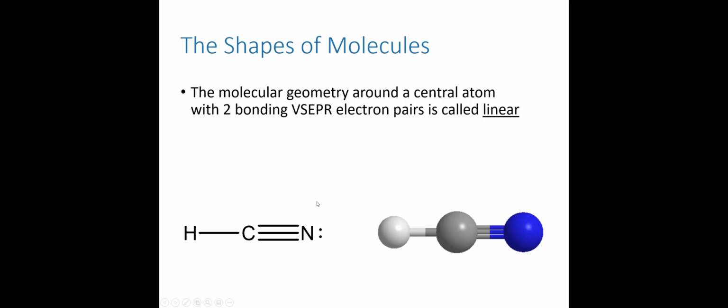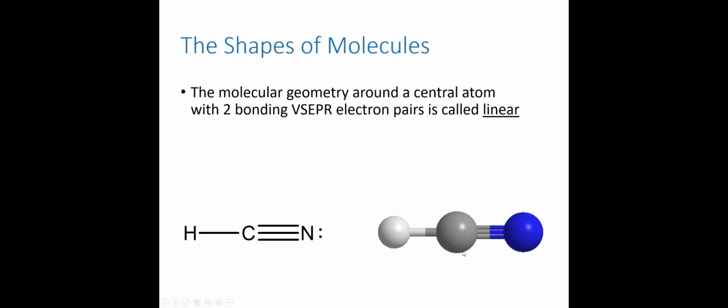But remember, we're only looking at the central atom, and it has no lone pairs. So the carbon has an atom on this side, an atom on this side, and a 180-degree angle separating them. That's the bond angle. There's no other way to have 2 electron pair groups arranged.